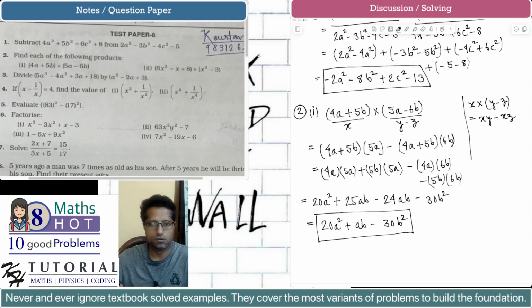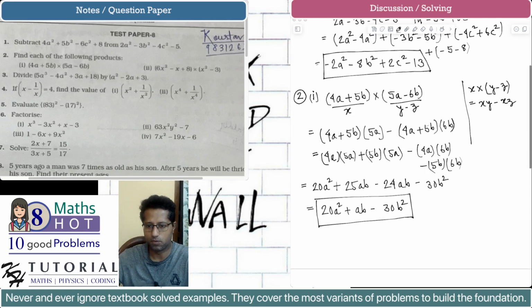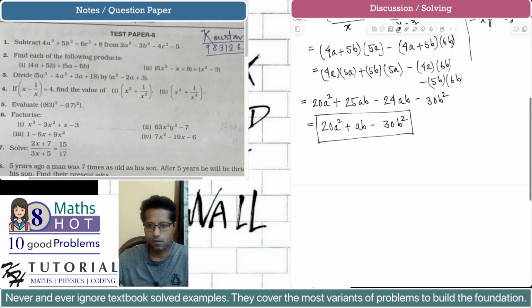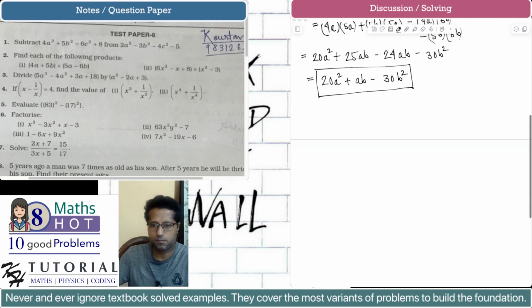Okay, let's do part 2 of problem number 2. It is a product of a trinomial, that is a polynomial, with a binomial.